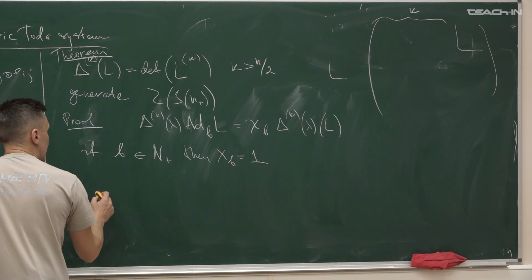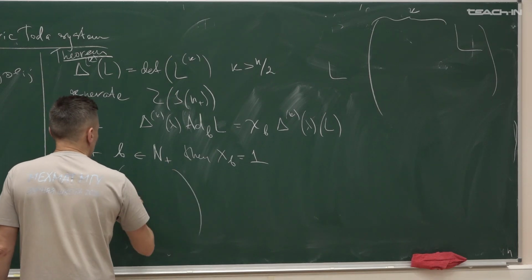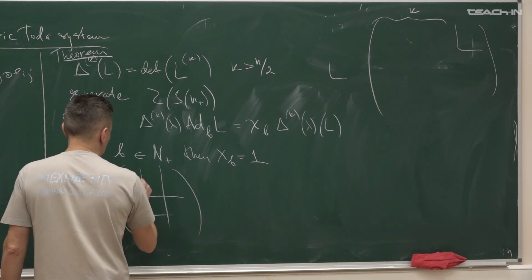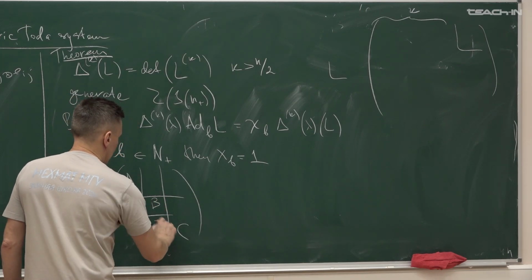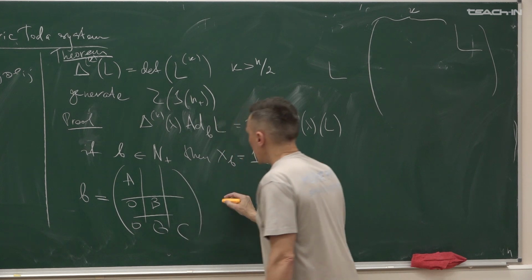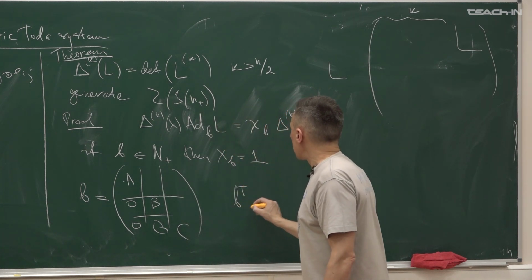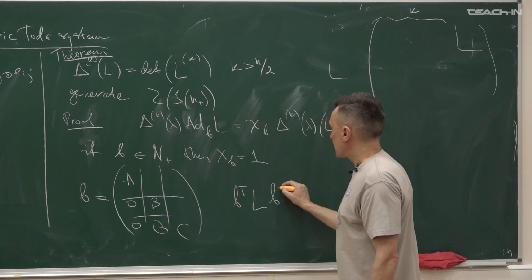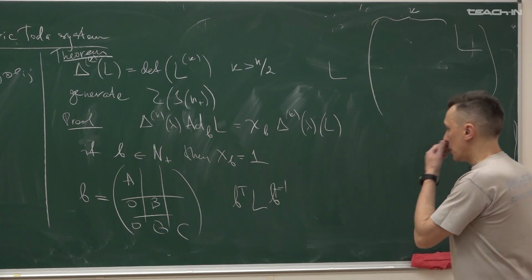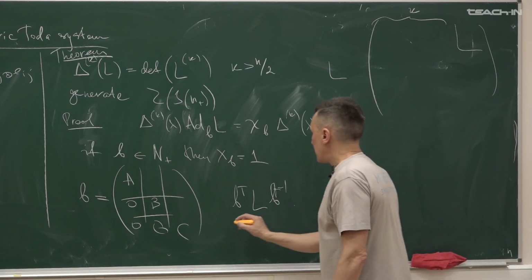So, if you remember, I considered B as an element with blocks A, B, C. Then I acted by B transposed on the matrix L, B transposed minus 1.